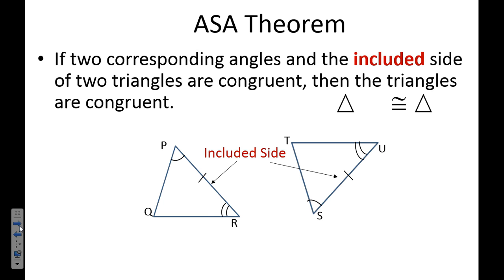Notice the included side. They are all in a row. No gaps, no jumps, no hops, no skips.